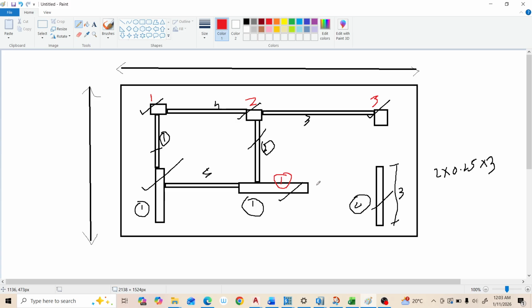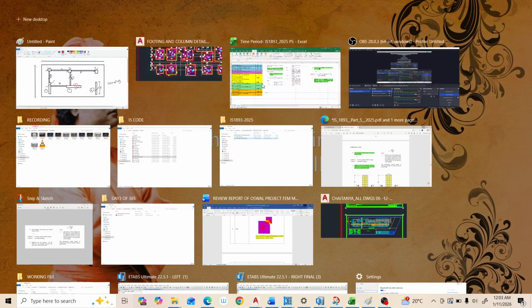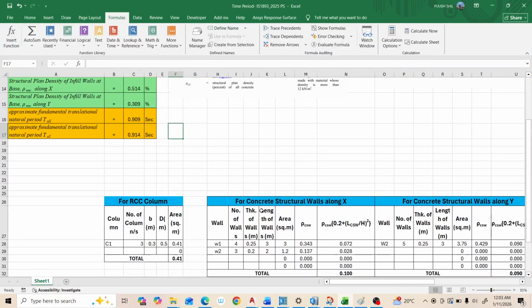This wall size, I can write, is suppose 250 wall thickness and length is 3 meter. So in x direction I have only one, so I can delete this one. I have only 0.018, that is for x direction. I have only a single wall, so I have written only one wall, 0.25 into 3 meter.